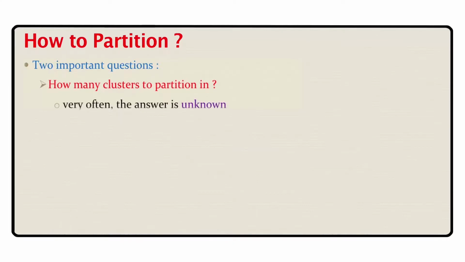So it might be 4 tables, it might be 3 tables, or it might be 5 tables even. So we may not be able to predetermine the number of clusters that we partition in. But then we'll come to this problem later on. For the time being, we'll assume that the number of partitions or number of clusters are known.